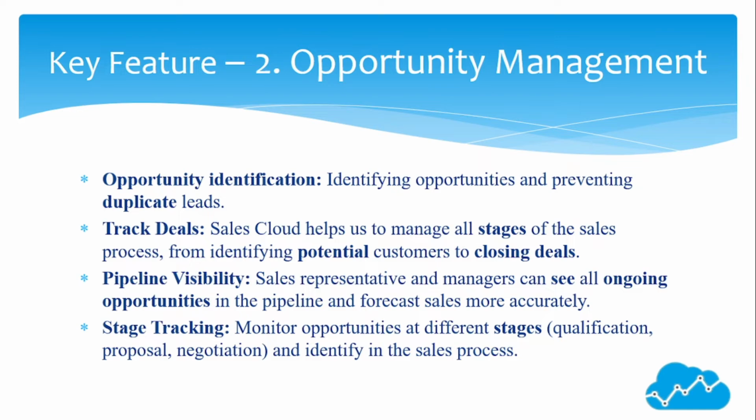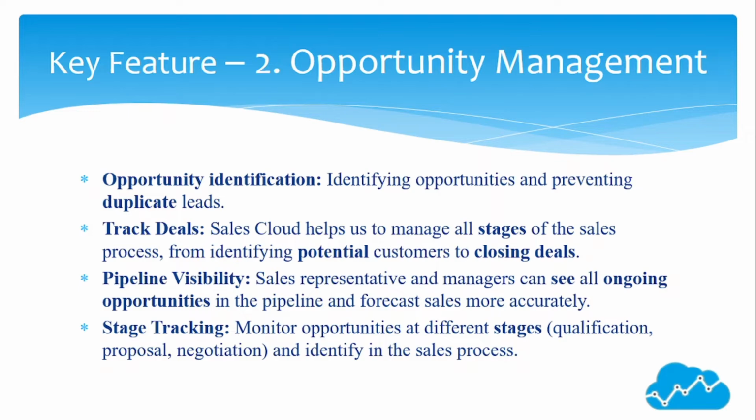In the key feature, second we are going to see opportunity management. Opportunity identification: identifying opportunities and preventing duplicate leads. Track deals: Sales Cloud helps us to manage all stages of the sales process from identifying potential customers to closing deals.